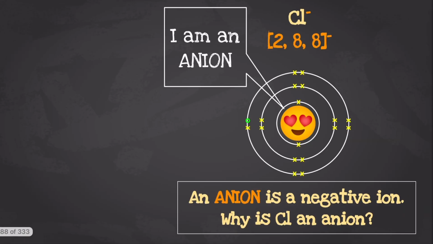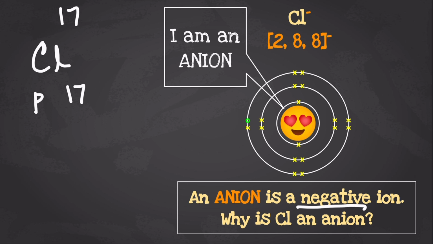Now, chlorine is an anion, which is a negative ion. Why? Remember, chlorine has an atomic number of 17. So that means there are 17 protons and 17 electrons. Okay? But look what happened here.